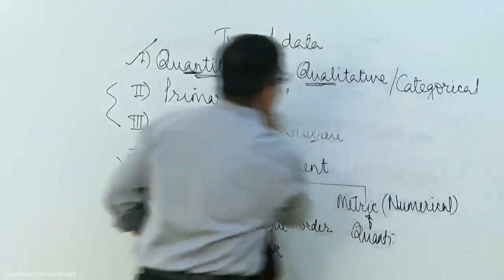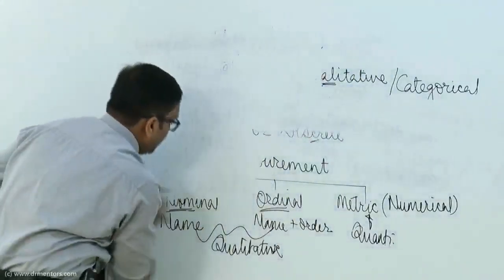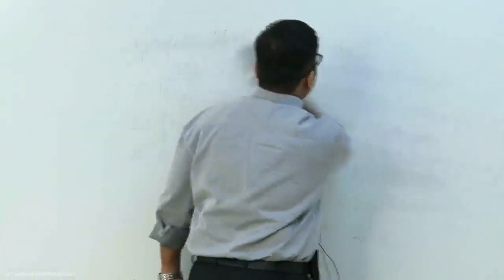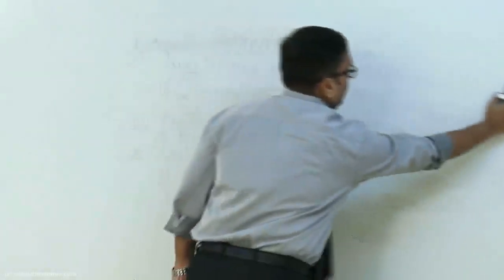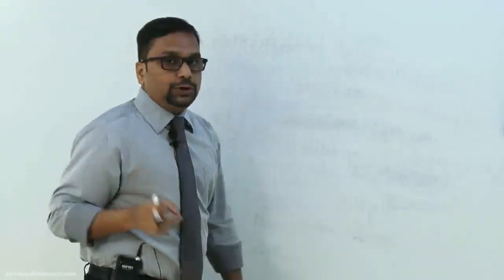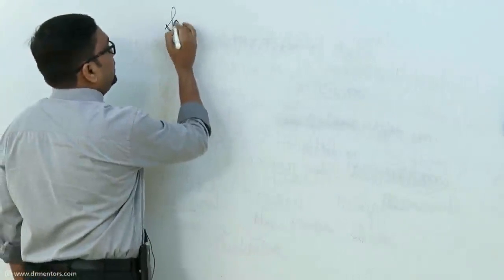Now in this fourth classification, that is scales of measurement, since you have understood it very well, I would like to expand it further so that a few more words which may appear as options in your MCQs don't confuse you.